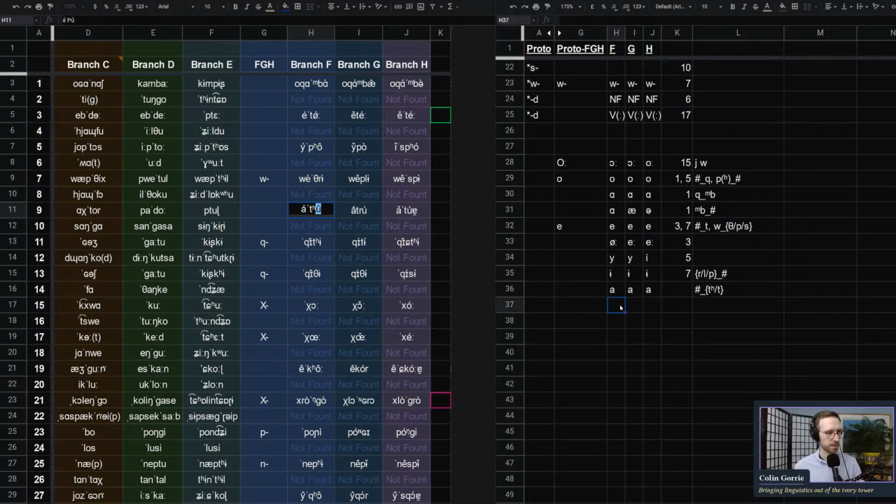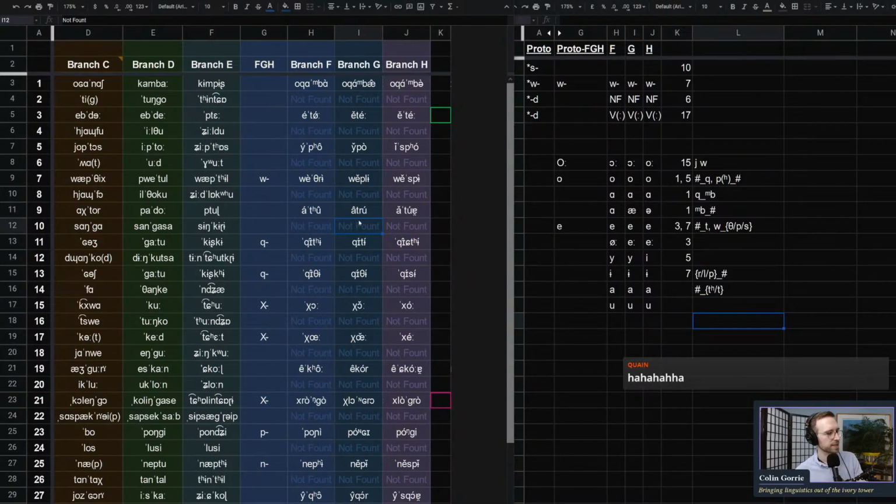Ooh. And we've already reconstructed this to be before an R. Oh, interesting. Look at this.